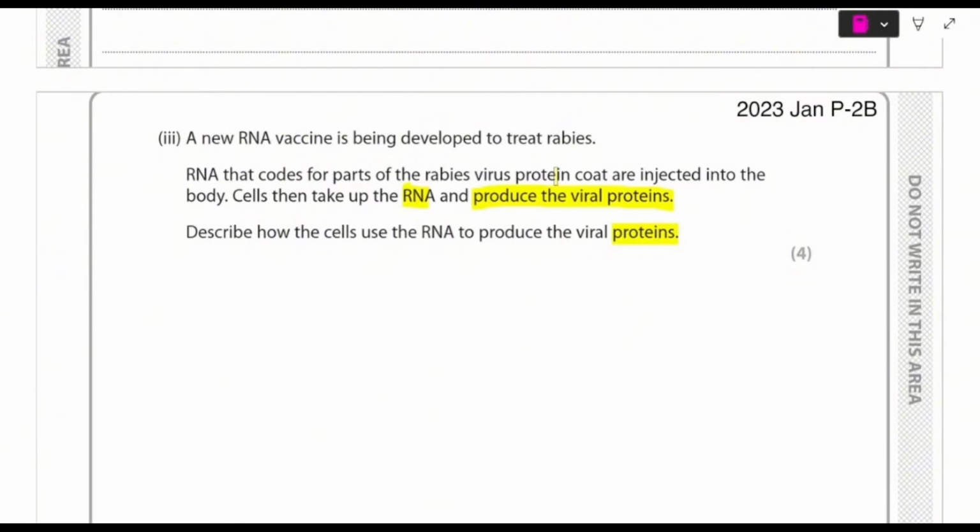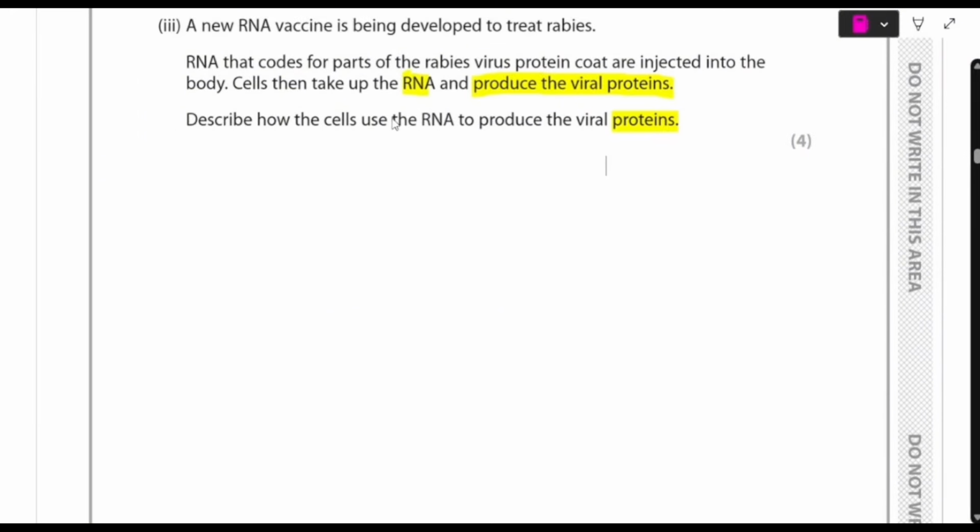In our syllabus, we only know two steps of how to make proteins in protein synthesis: one is transcription and one is translation. Here we will talk mostly about translation. That's what they are asking us to talk about. So it is a very layered question, but if we break it down to key points, we will soon discover what they're asking.